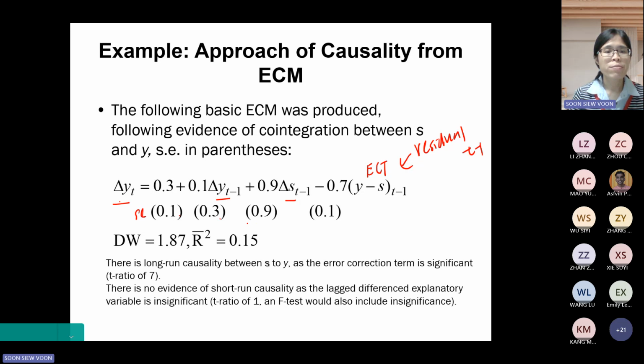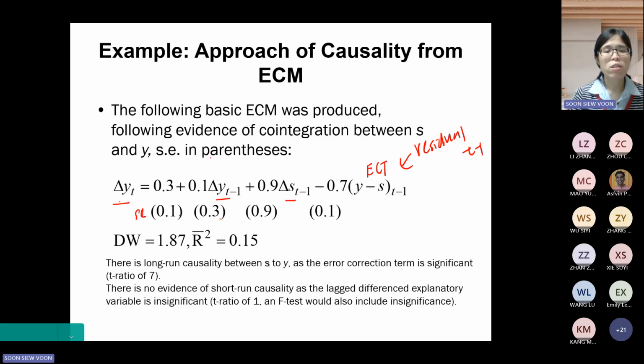There is evidence. If we found that the variables Y and S are I(1), then we test Engle and Granger, and if there is co-integration, we proceed to the ECM.